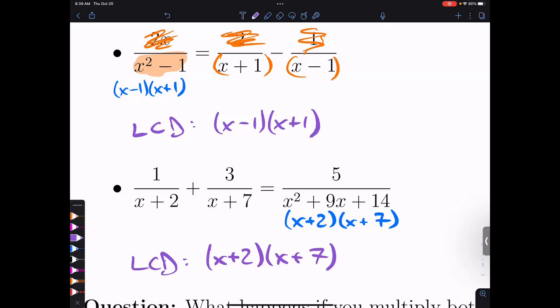So again, if it helps you, try not to get hyper focused on the x plus 2, x plus 7 part. Those things are the same. Those things are the same.